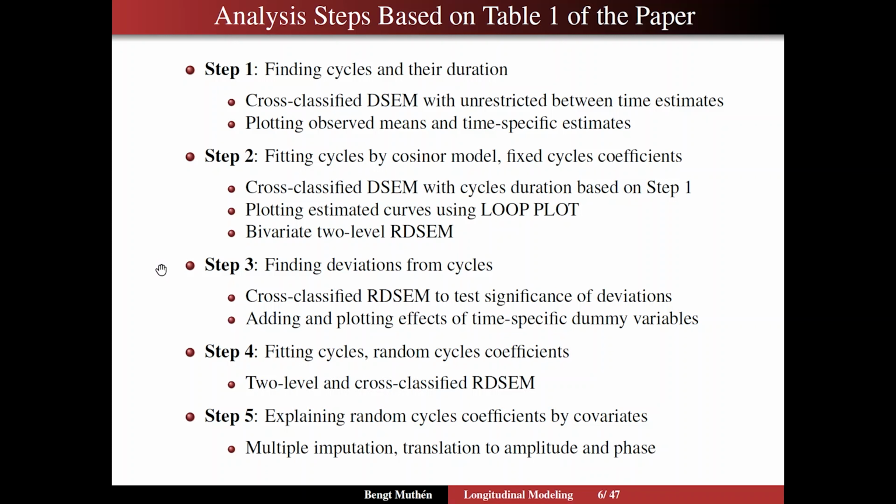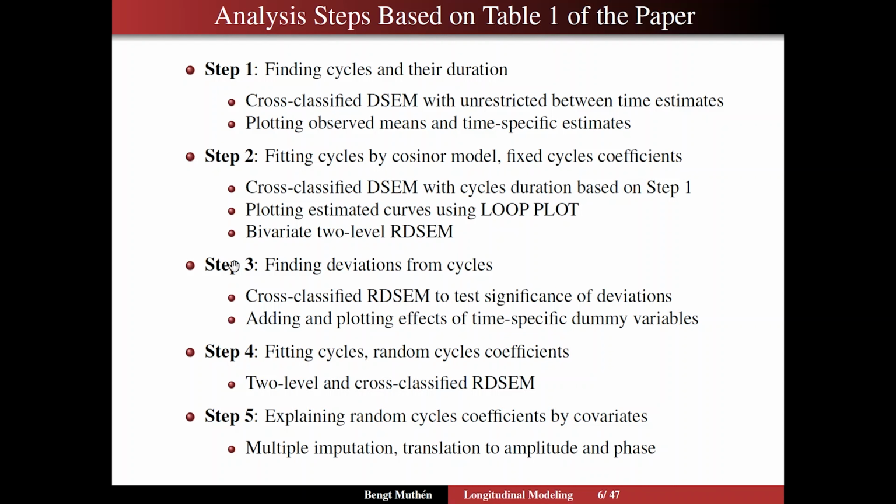In step 3, we have an interesting step where you try to find deviations from cycles. We'll never find a model that fits perfectly, and we want to be able to capture deviations, and the deviations themselves can be of substantive interest.